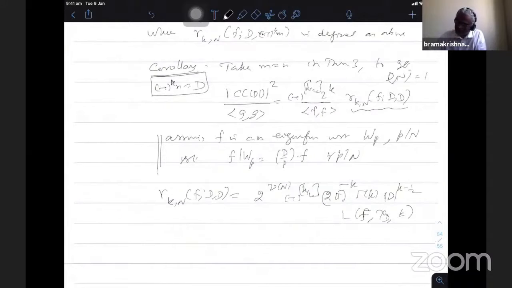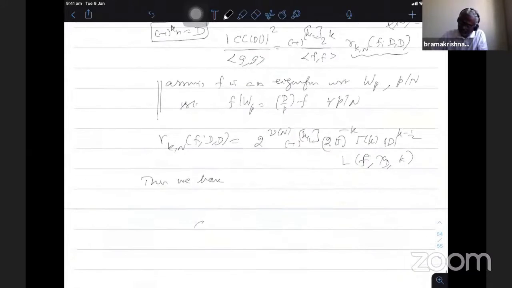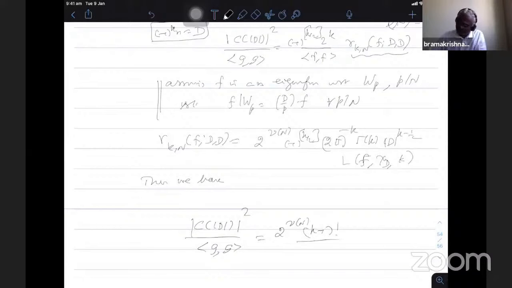So now substituting this one into this, finally we have c of mod d mod square by inner product of Gg. We have the 2 power nu n remaining. We have the factorial k minus 1 coming from gamma of k, and pi power minus k, and then other things will get cancelled.